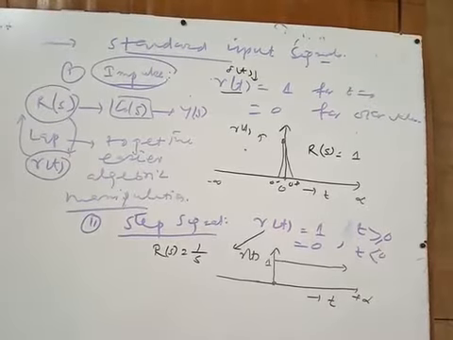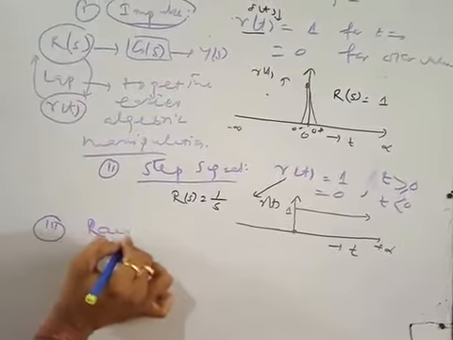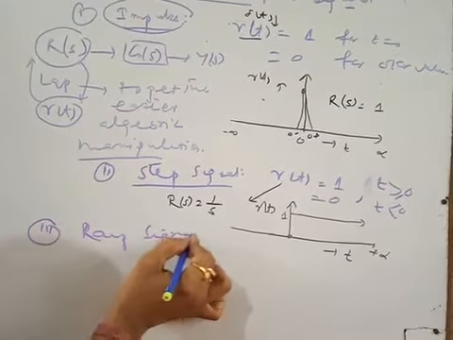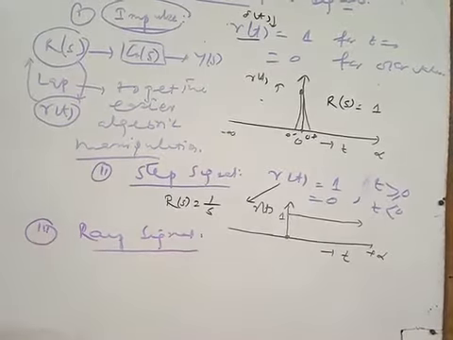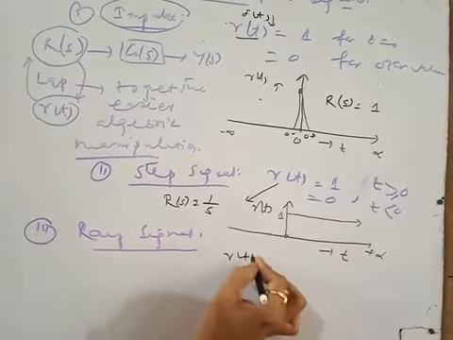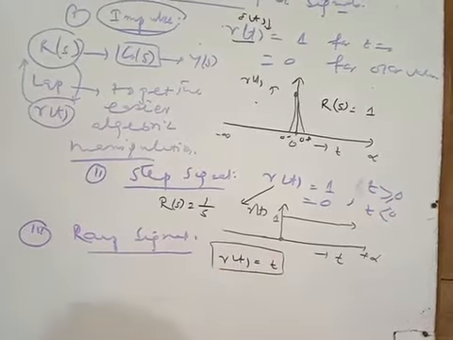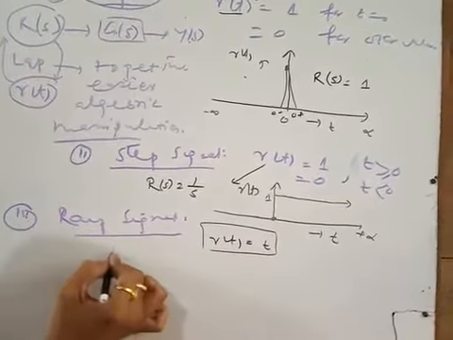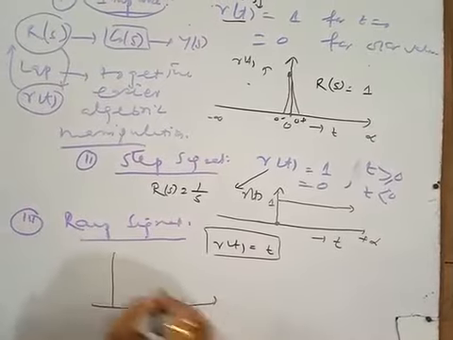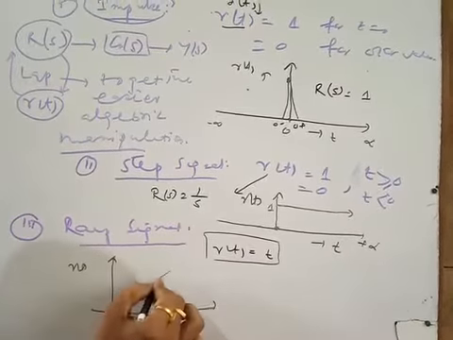And the next part is your ramp signal. By the name you see, this is ramp. Ramp means r(t) is equal to t. That is, there is a slope, because you see the graph of the ramp is like this.